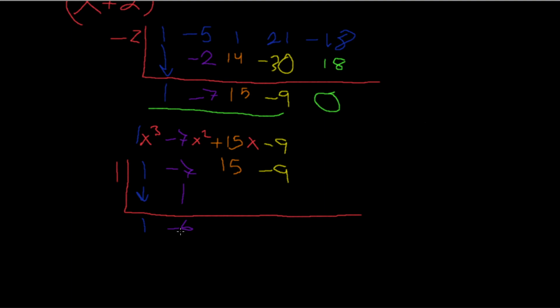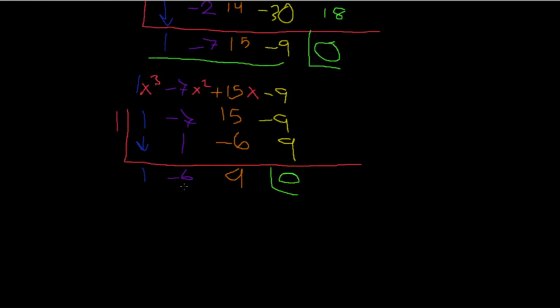Then take negative 6 times 1, negative 6, which will give us positive 9. Then multiply again, we get positive 9, and we end up getting 0. So that zero can be ignored because that means it factored out completely.